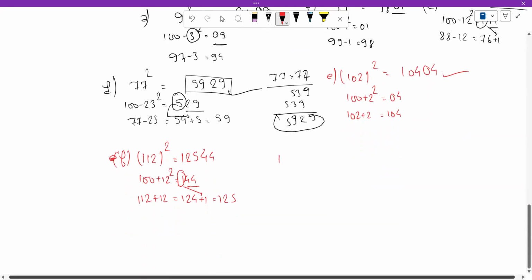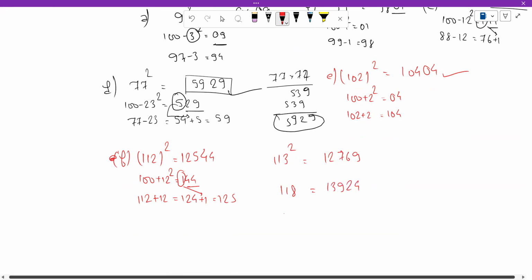If you tell me to find a square of 113, so simple. The answer is 113 plus 13, 126 plus 1, so 127, 69. If you tell me to find a square of 118, the answer will be 118 plus 18, 136, plus 3, 139, 24.